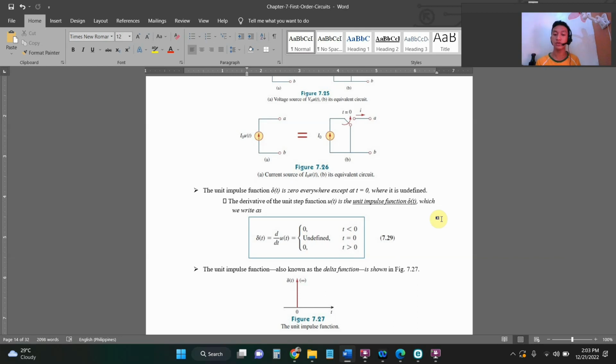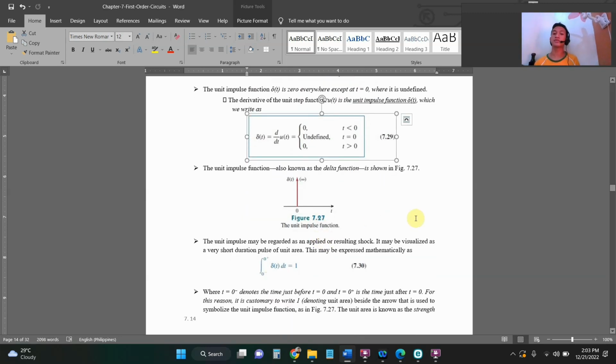Since u of t is 0 when t is less than 0, undefined at t equals 0, and 0 again when t is greater than 0.